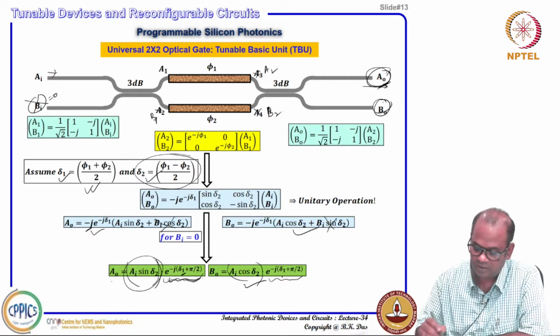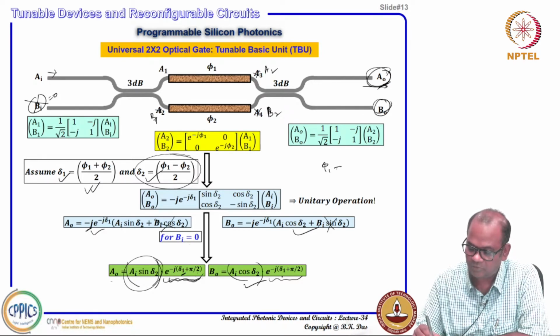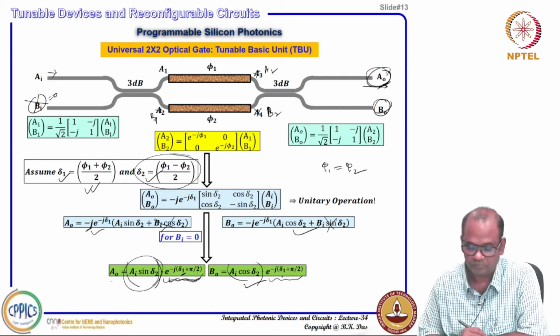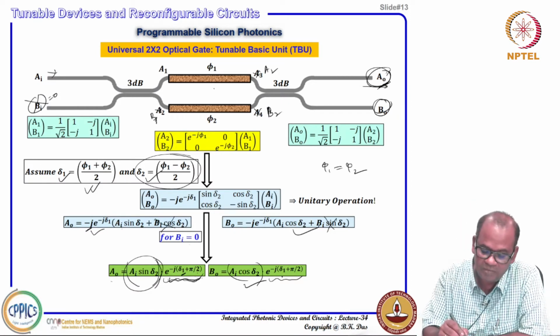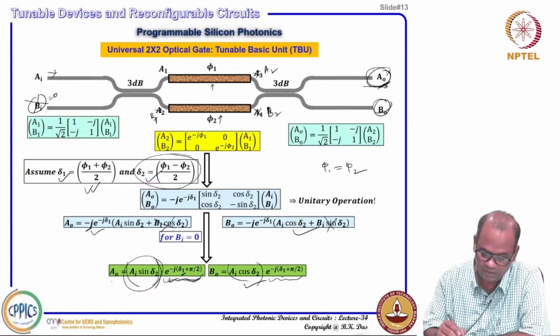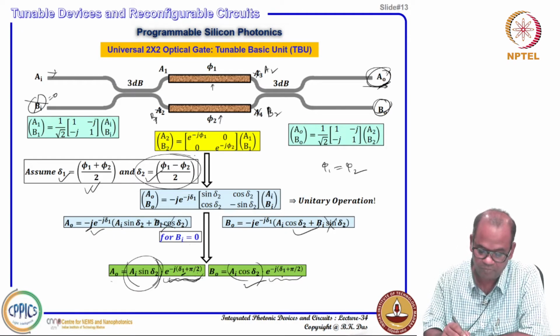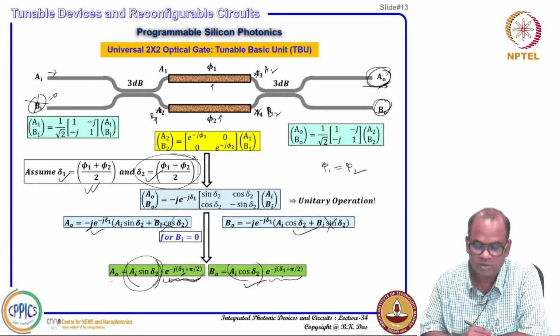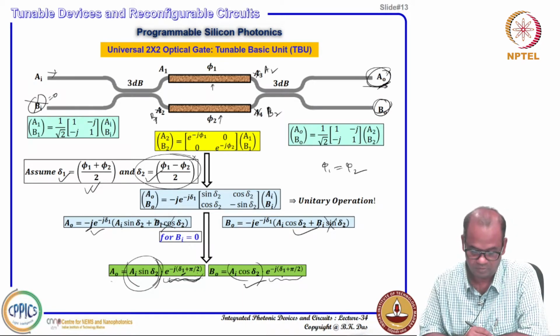For example, suppose phi 1 equal to phi 2. That means whatever phase I am giving here, the same phase I am giving here. So, in that case what happens? Delta 2 will be equal to 0. Right.